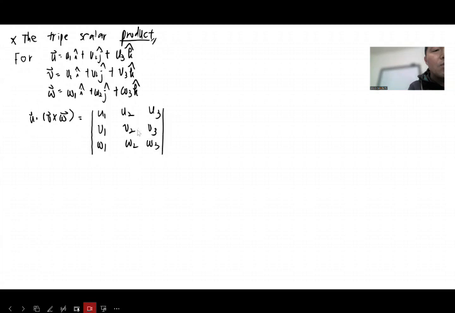So you know what to do with this, right? Basically it is u1 times (v2 w3 minus v3 w2) plus u2 times (v3 w1 minus v1 w3) plus u3 times (v1 w2 minus v2 w1).